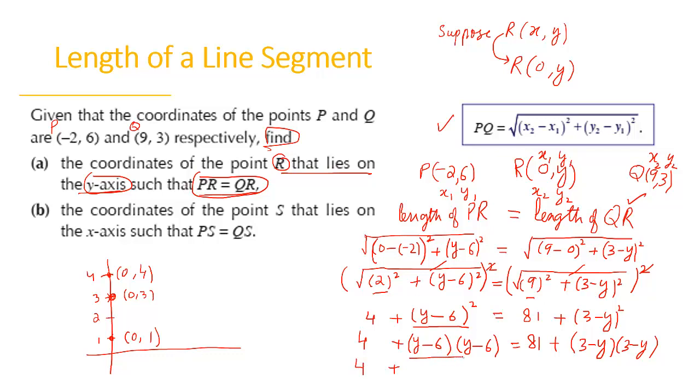Y squared minus 6y minus 6y plus 36, and here 81. Now expand this: 3 threes are 9, minus 3y minus 3y plus y squared.